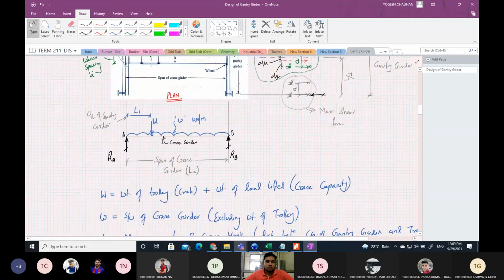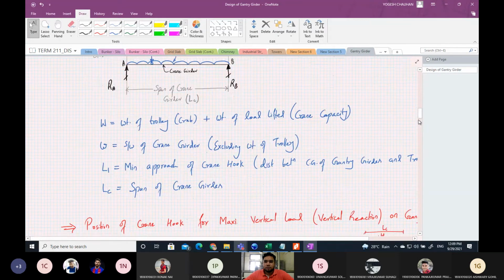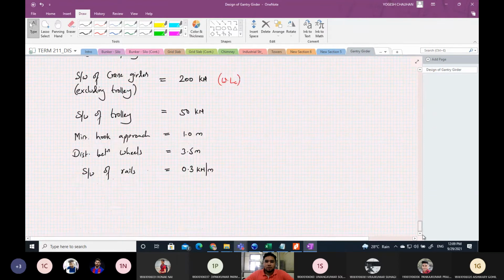This UDL times LC is the total load of the crane girder. Then we have the self weight of the trolley, and the minimum hook approach, L1.